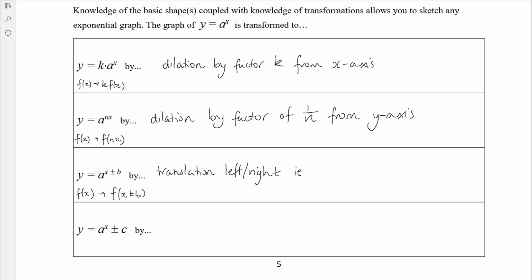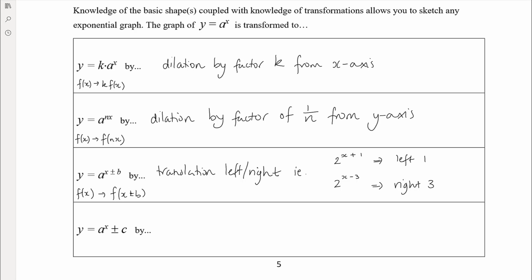For example, if we had 2 to the power of x plus 1, that would mean that we have gone to the left by 1. So again, when it's adding or subtracting just onto the x, it's the opposite of what you think it should be. It's the same for the dilation from the y-axis. If we had 2 to the power of x minus 3, it would be 2 to the power of x translated to the right by 3.